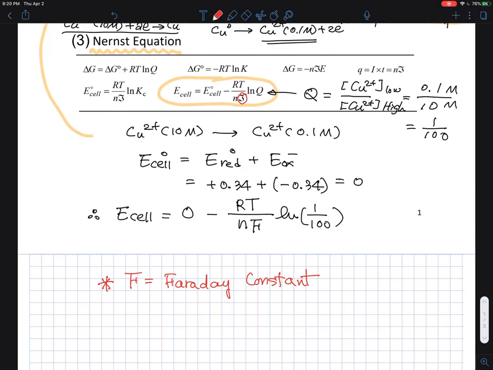And the Faraday constant is nothing but the charge of electrons when you have 1 mole of them. So I actually remember 96500 coulombs for 1 mole of electrons. And you don't have to remember this number like I do.